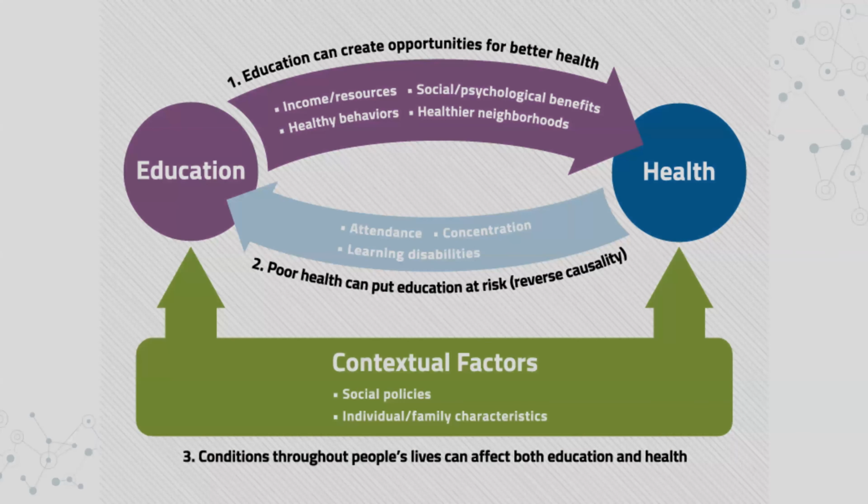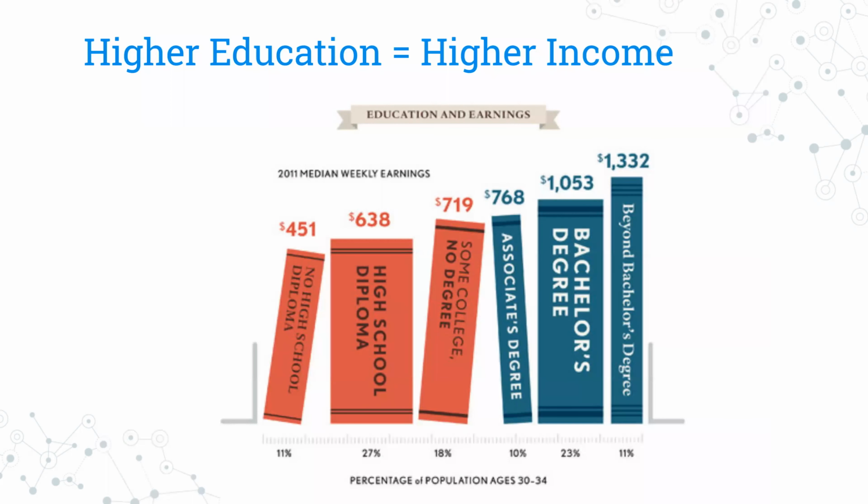Higher education equals higher income. And this is true on a global scale, particularly for global health, because for women who are educated, every year they go in education has profound positive benefits, both for the woman who gets the education, but also for her children and her community. And so higher education equals higher incomes.